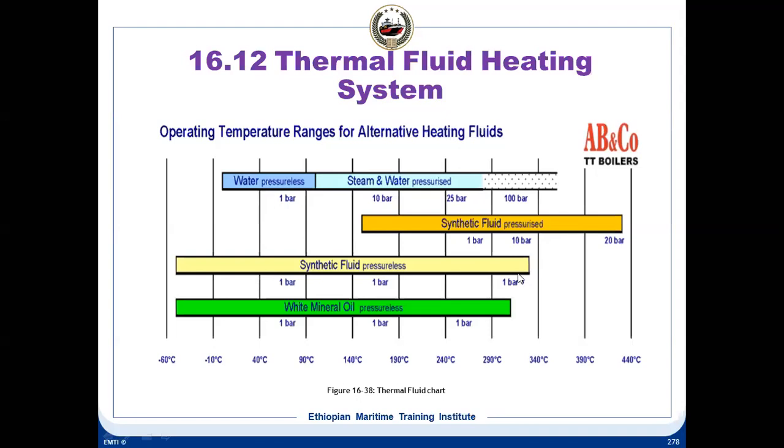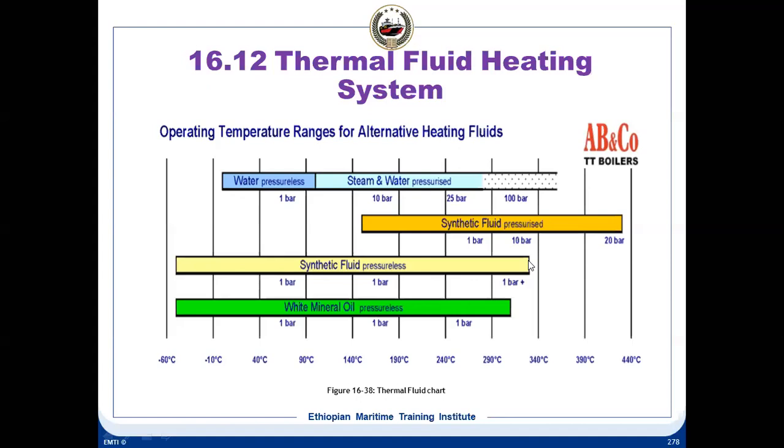See, in this graph, he's talking about the properties of the various kinds of thermal oils. At 1 bar pressure it can achieve so much, but how much pressure you actually need depends on your system design. That depends on your vessel. Like you said, yes, 1 bar pressure may not be enough to push the thermal fluid inside your fuel oil storage tank and back out again. So you will require more pressure.